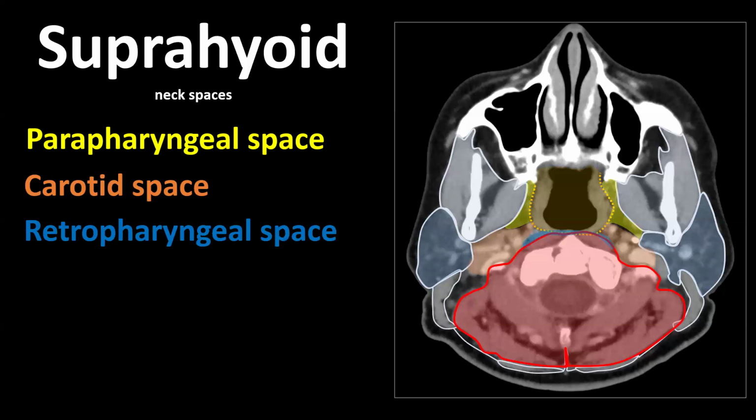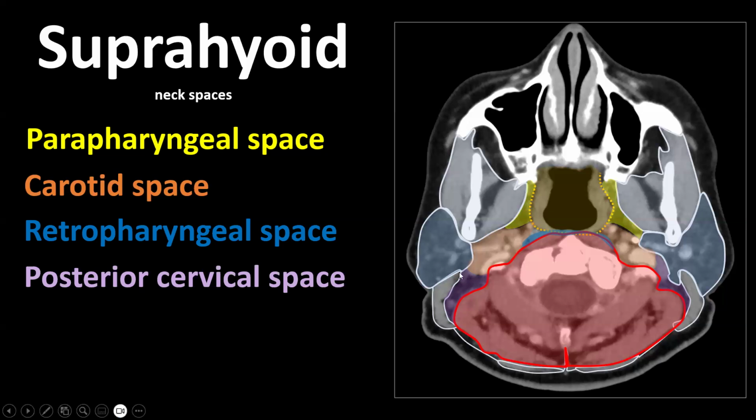Then we have the retropharyngeal space, which is in continuity with the retropharyngeal space in the infrahyoid neck. It's the same space, there's no difference here in the suprahyoid neck. And we also have a posterior cervical space in the suprahyoid neck. Also here it is located behind the carotid space, between the superficial layer and the deep layer of the deep cervical fascia and behind part of the carotid sheath.